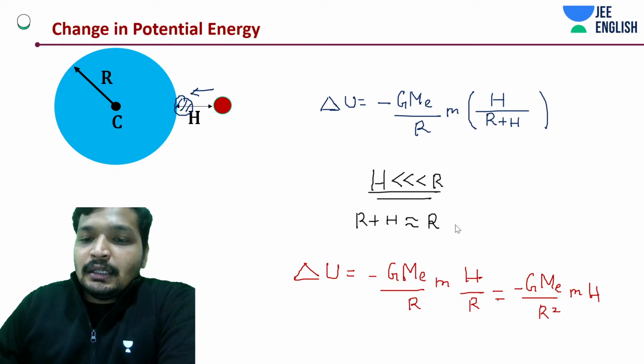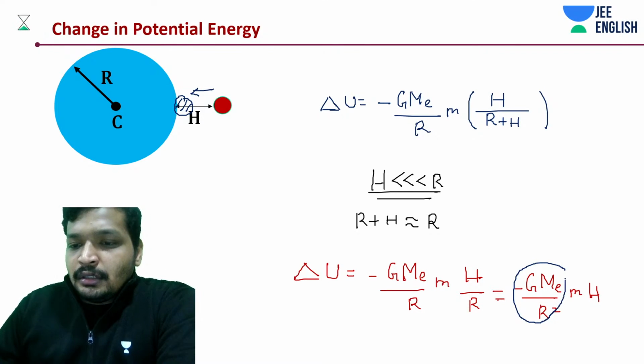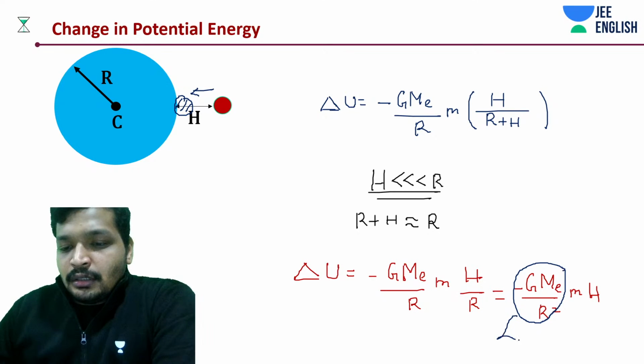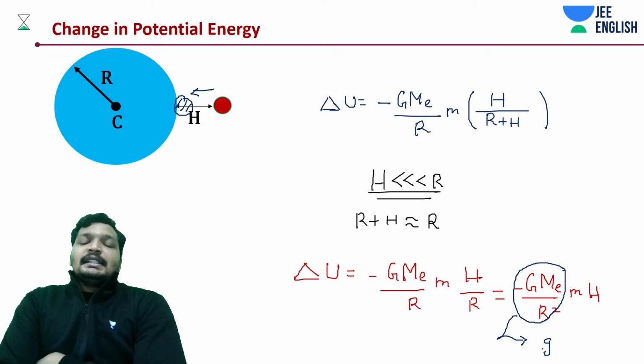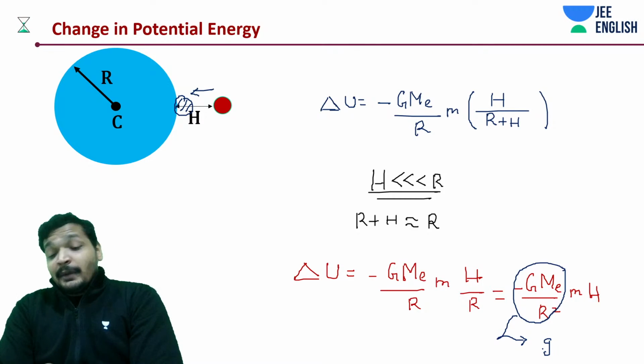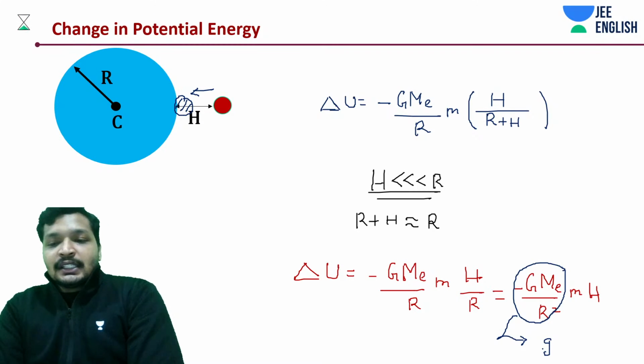And this is how much? This is going to be g, right? G M_e by r square. We just saw that thing. So we basically got the mgh term.